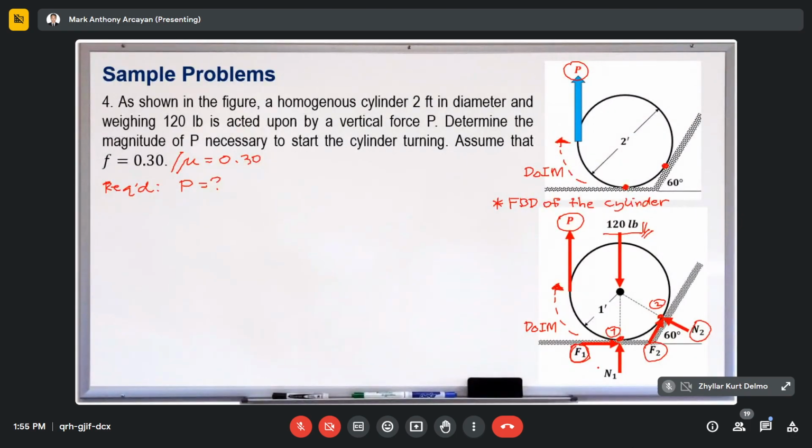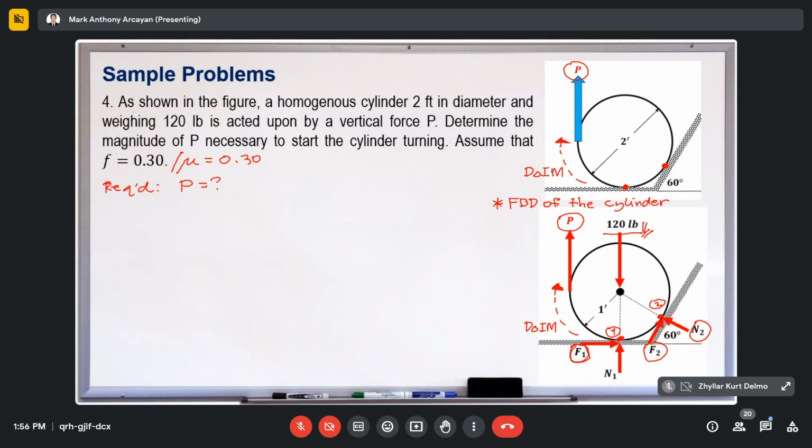And then since we have a relation between F1 and N1 as well as F2 and N2, their frictional force, with a coefficient of friction of 0.3, you can take the summation of moments anywhere in the given figure. You can take the summation of moment at point 1, so that you can solve directly the forces F2 and N2.